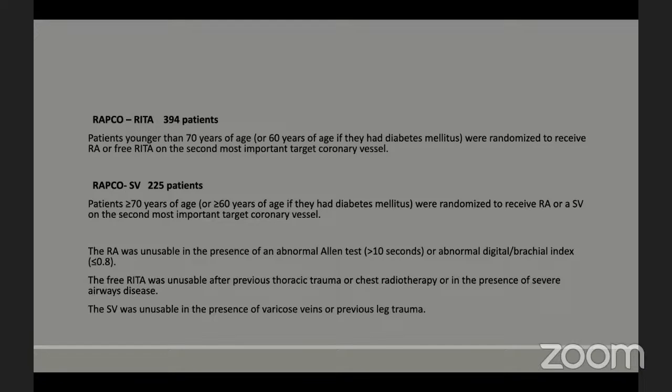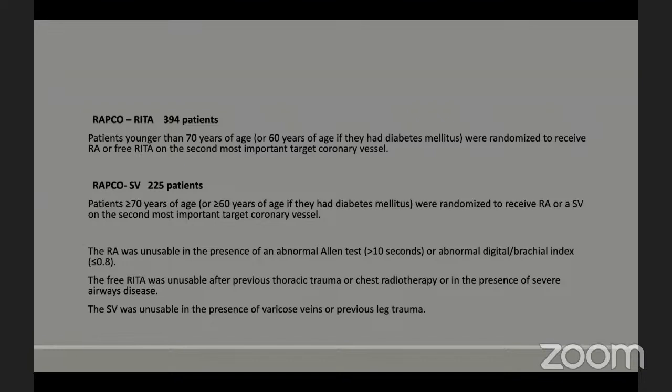RAPCO saphenous vein: 225 patients 70 years or more of age, or 60 years of age if they had diabetes, were randomized to receive radial artery or a saphenous vein on the second most important target coronary vessel.